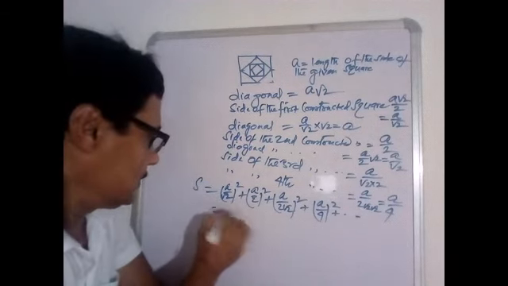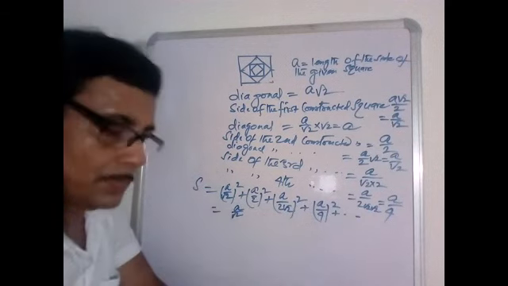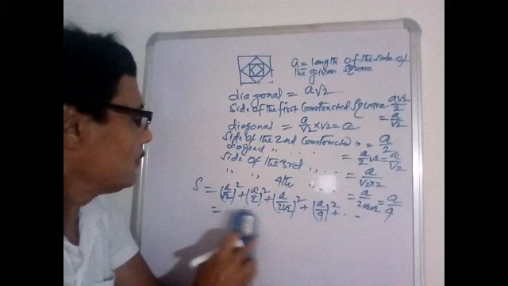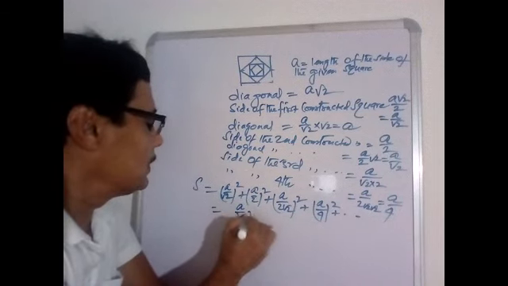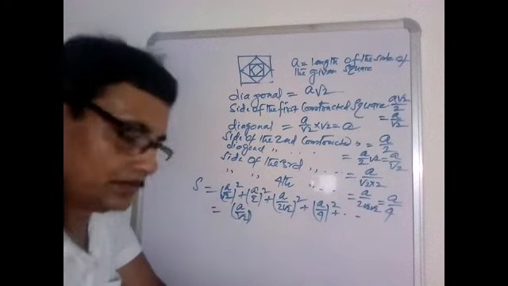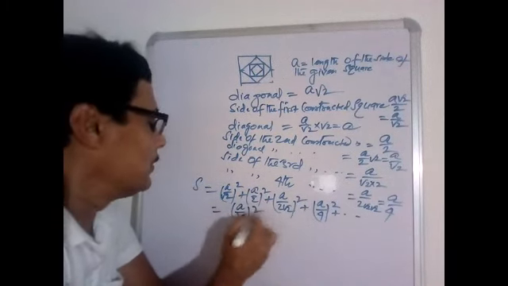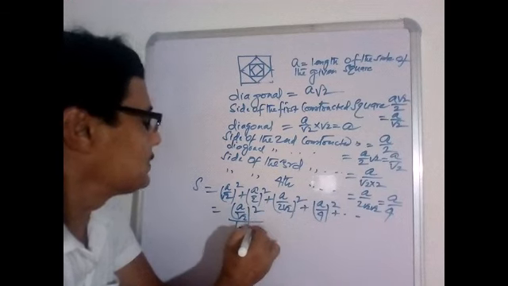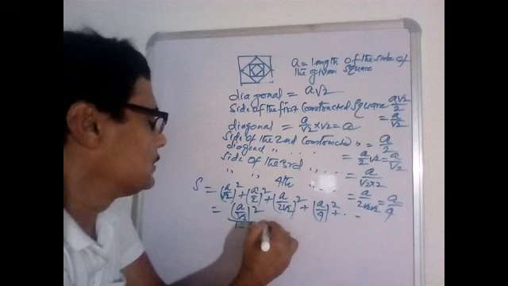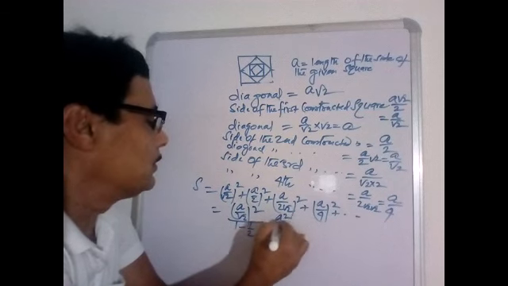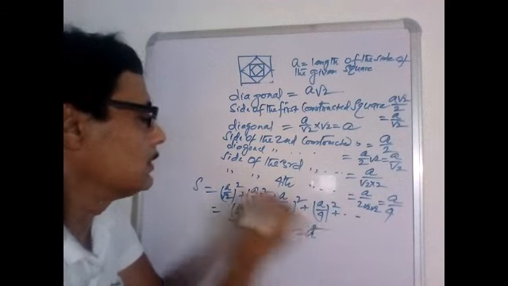Here the first term is (A by root 2) square, divided by 1 minus common ratio. Common ratio is half, that is A square by 2 divided by 1 by 2 equal to A square.